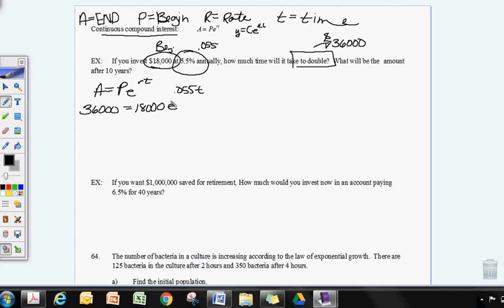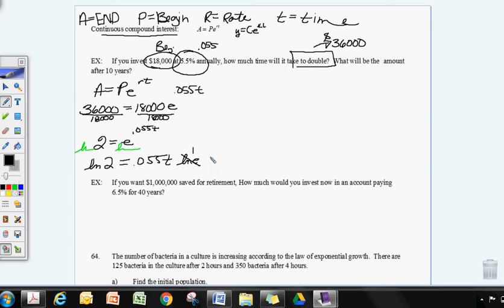Hey, that t is stuck in that exponent. But before I introduce a natural log, I have got to get that e by itself. So I am dividing by 18,000, and I'm left with 2 equals e raised to the 0.055t. I now introduce a natural log on each side, and I get the natural log of 2 equals 0.055t, natural log of e, and you guys know the natural log of e is 1.